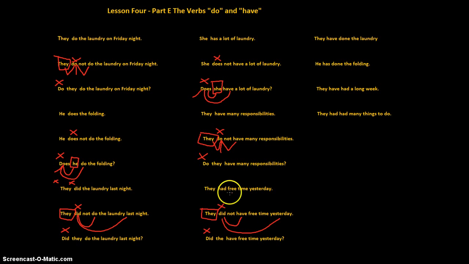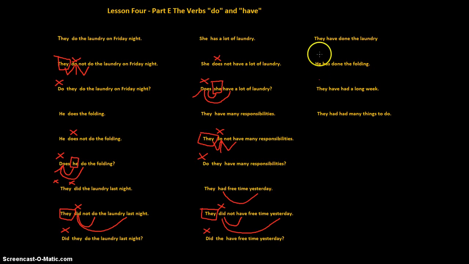In our affirmative sentence, had is the past form, ties with yesterday. We can see that when you have do or have or has or had in a sentence alone, right away we know it's a verb because we always have to have an X word to make negative, and we have to have an X word to make yes or no questions.